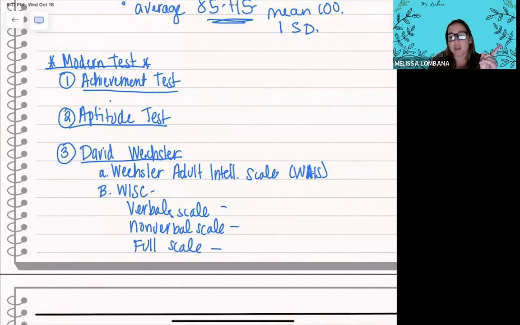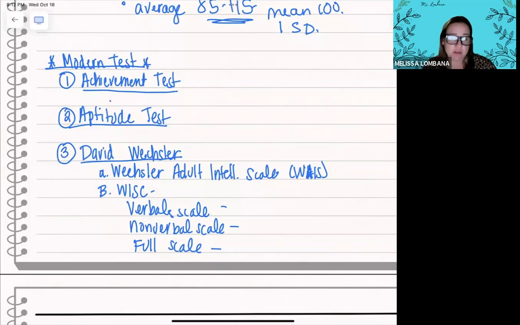The verbal scale measures your language, reasoning, and memory skills. They actually use factor analysis with these tests. They'll give you a bunch of little activities or tests for language, a bunch of tests for reasoning, and a bunch of tests for memory skills. They'll cluster them all together, and then they'll give you your score for the verbal scale.